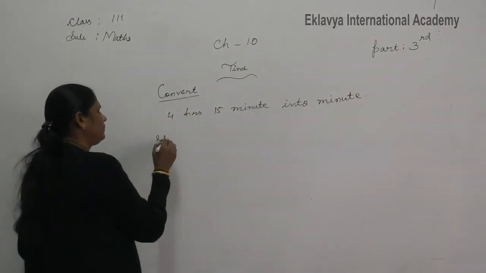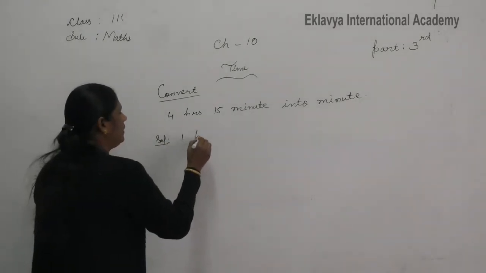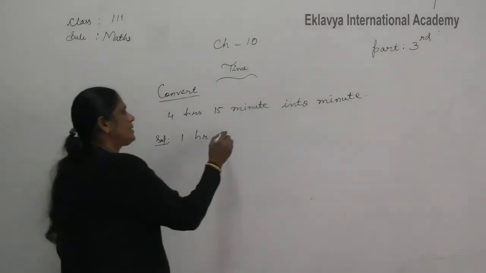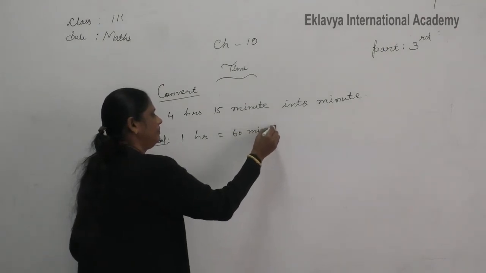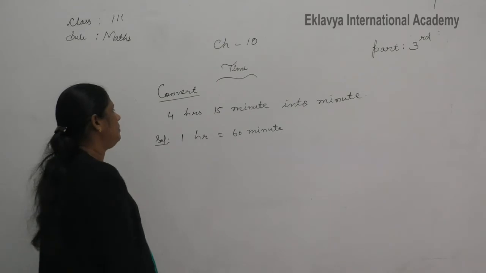Solution: 1 hour is equal to 60 minutes.